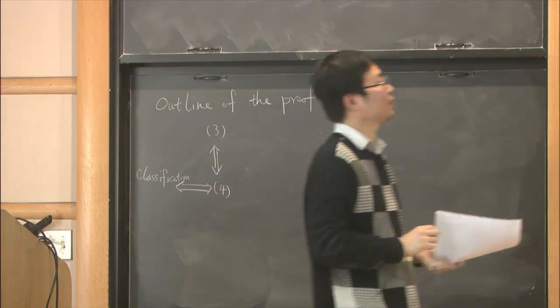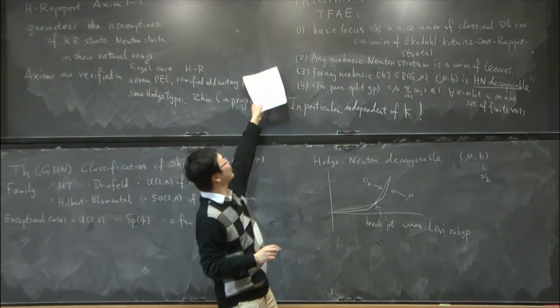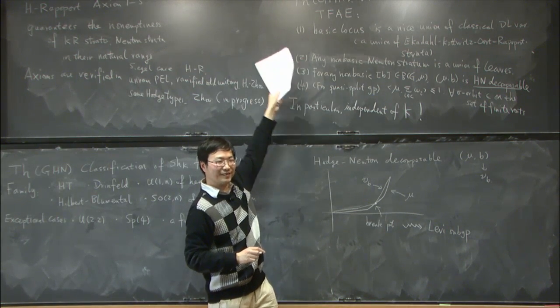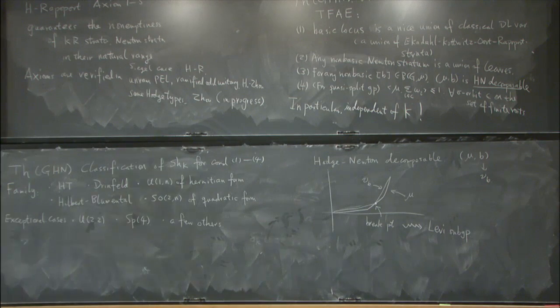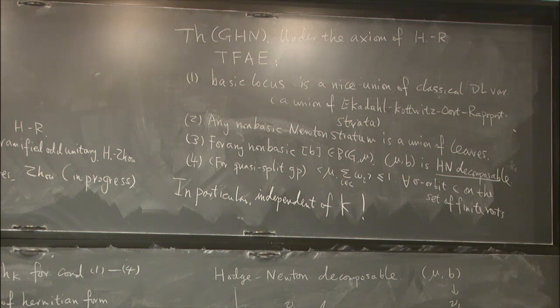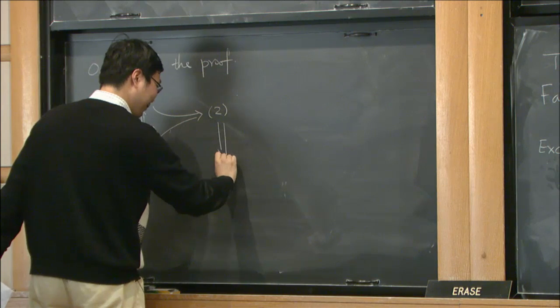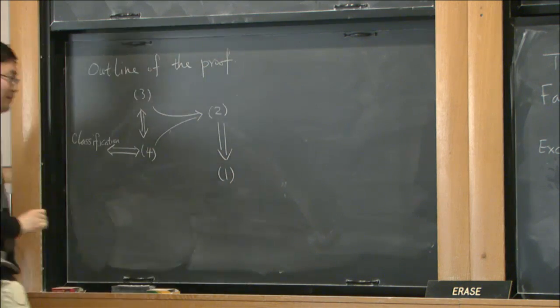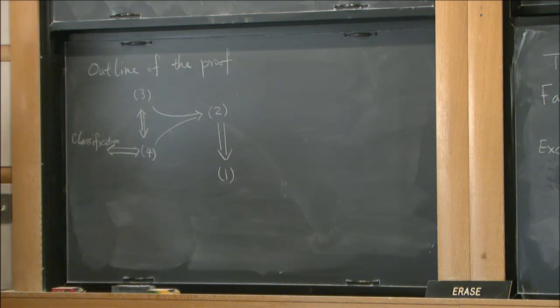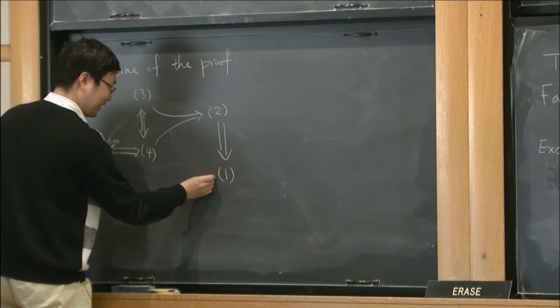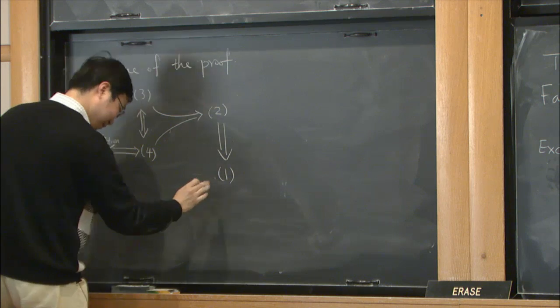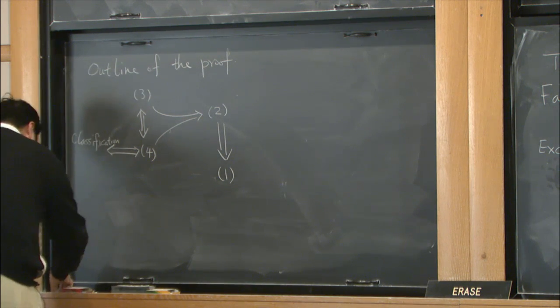The hardest part is to see how this actually relates to the first 2 conditions. So first, we're going to use 3 and 4 to imply 2. And then we're going to use 2 to imply 1.